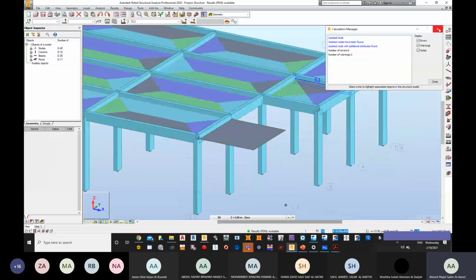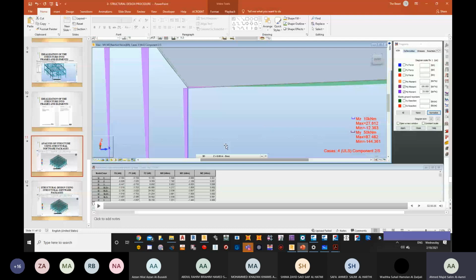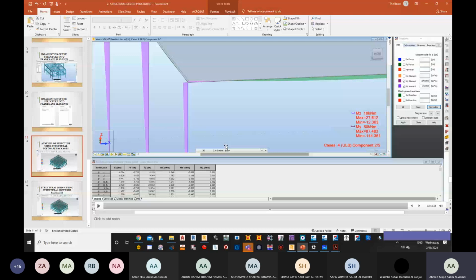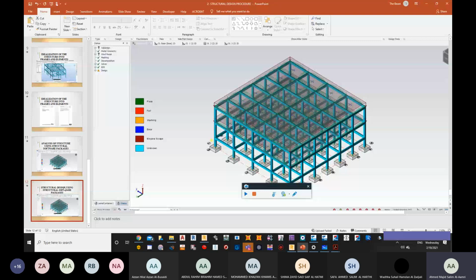The last thing that we are going to cover today is going to be your design. So we are going to show you how we are going to use the software in order for us to compare our designs later, and how to understand the reinforcement.